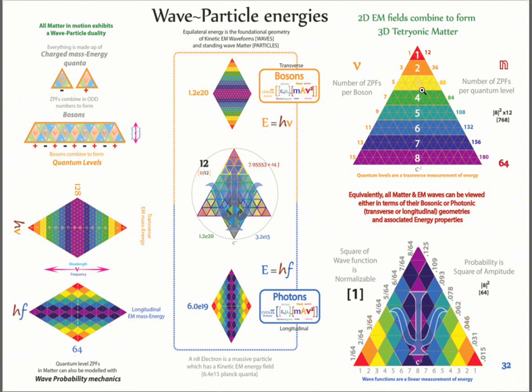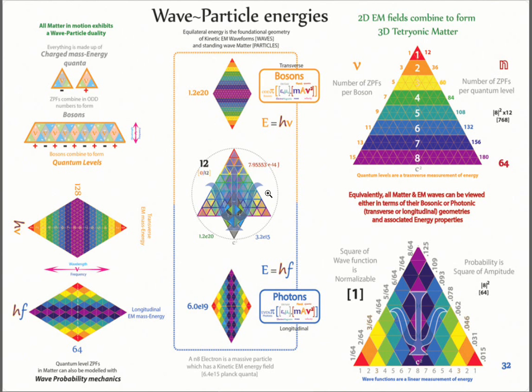We can show that whether you take boson quantum level measurements or photon probability measurements of wave functions, any change is brought about by the release or addition of bosons within the field, and these bosons, because of their odd numbers, always have a single charge of plus or minus 1.